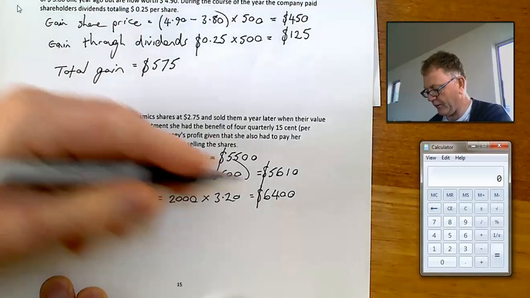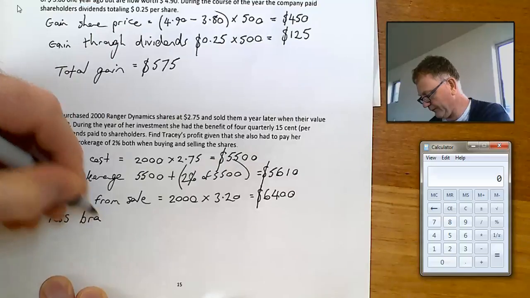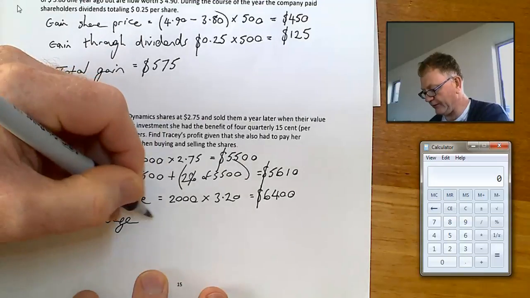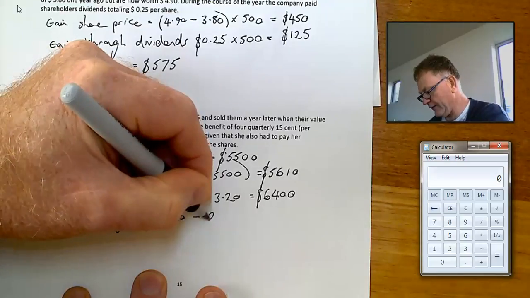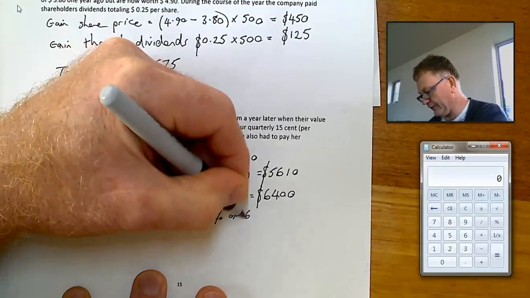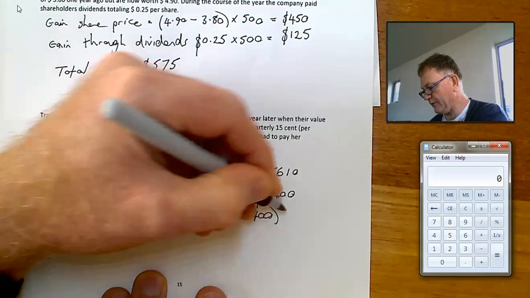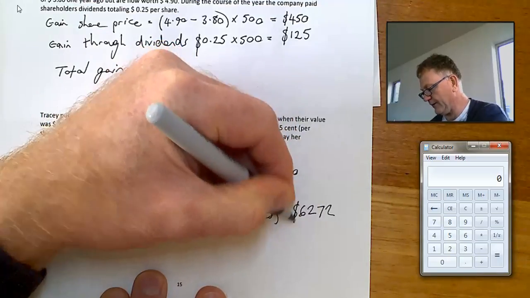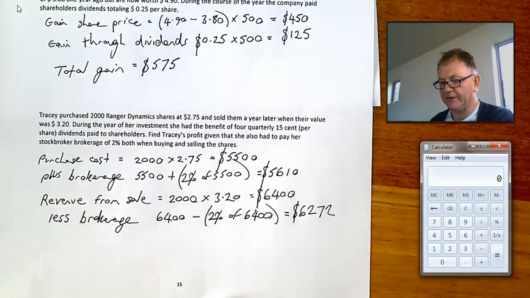So she doesn't quite get all of that. She must pay some brokerage, 2% of the sale price. So instead of getting 6,400, we have to take away 2% of 6,400. And that will mean that the total she gets will be $6,272.